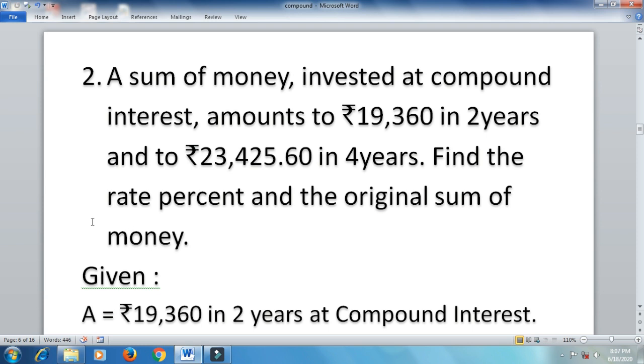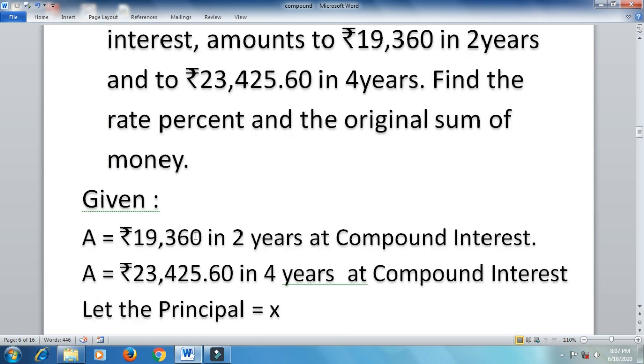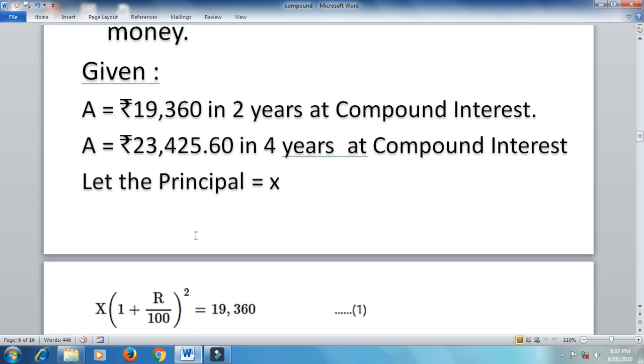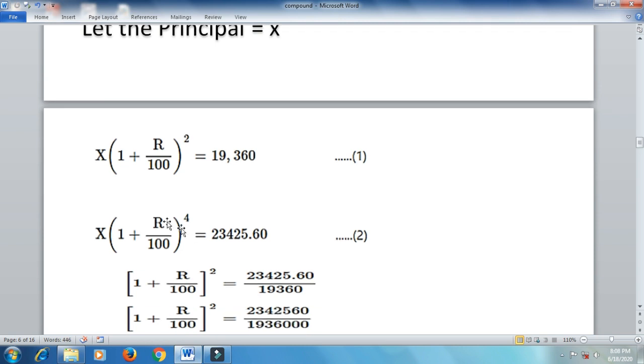At the end of 2 years, amount received is 19,360 and at the end of 4 years, amount received is 23,425.60. So we have to find the rate of interest. Let us consider the principal as x so that amount in 2 years, P into 1 plus r by 100 to the power 2, is equal to 19,360.